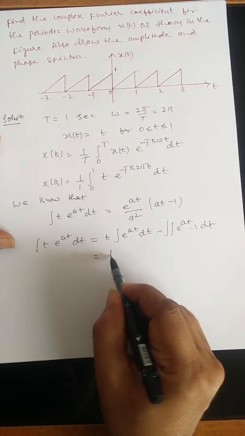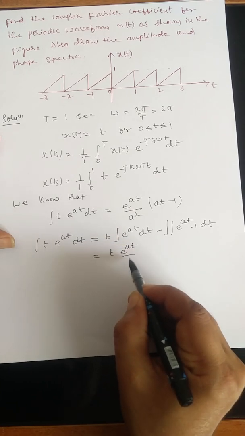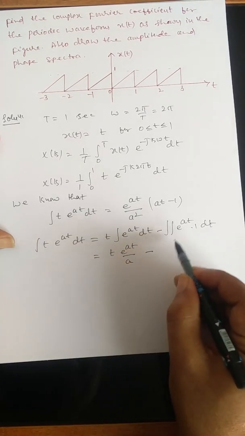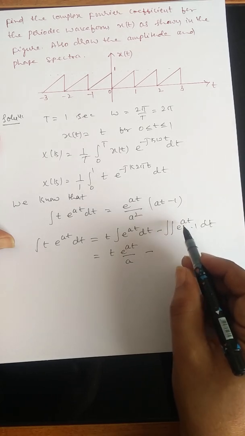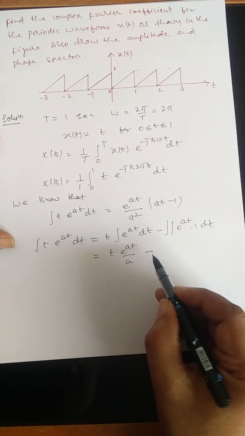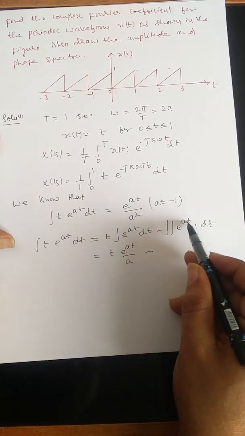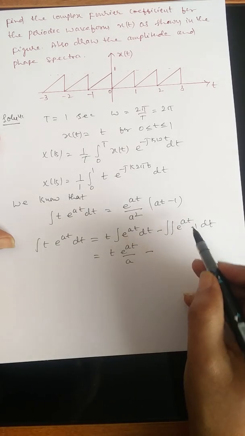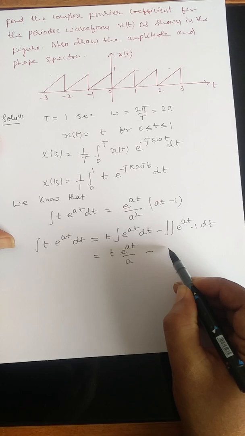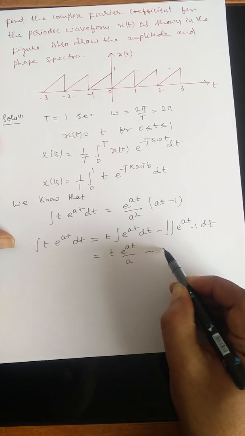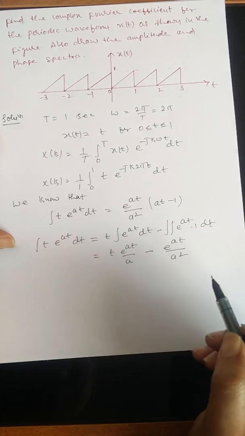That is t e to the power of at by a minus the integral of e to the power of at, which is e to the power of at by a square, because the first integral value is e to the power of at by a, and again the integral is e to the power of at by a, and a times a will become a square.